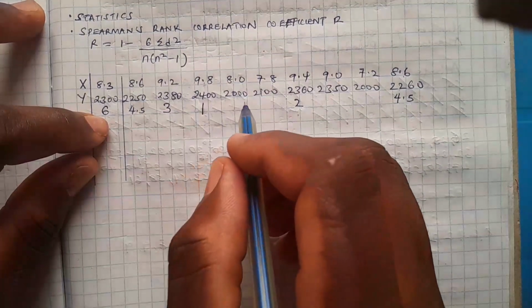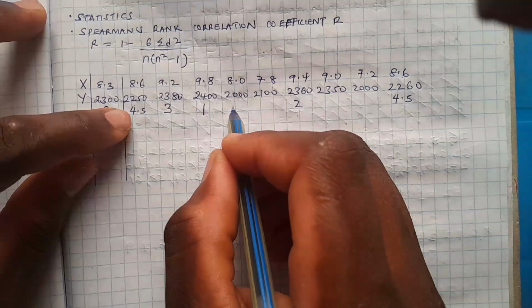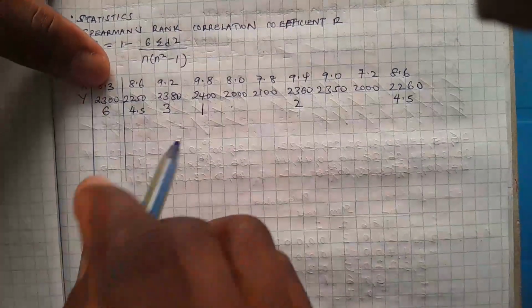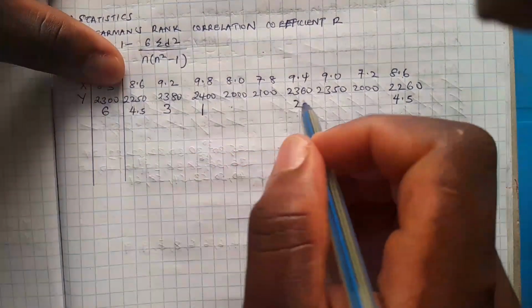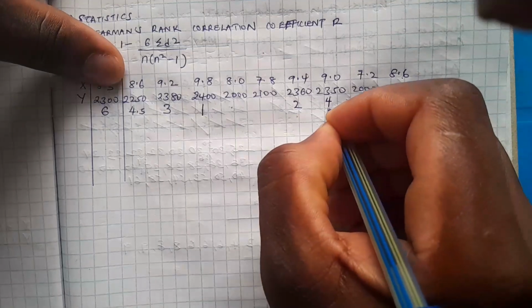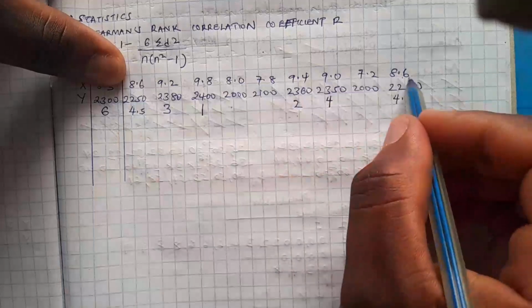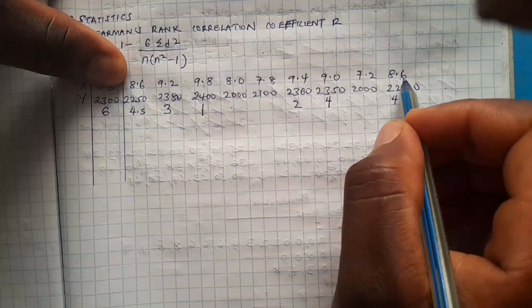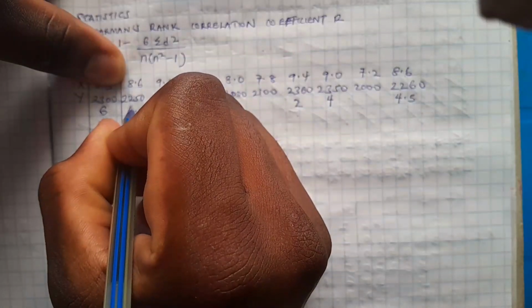Before 8.6, we have just made a mistake. Before 8.6 occupying the fourth rank, we were supposed to have 9.0 occupying the fourth rank. Now that we have 9.0 occupying the fourth rank, meaning 8.6 and 8.6 were supposed to occupy the fifth and the sixth rank respectively. So we have 6 and 5, 11.